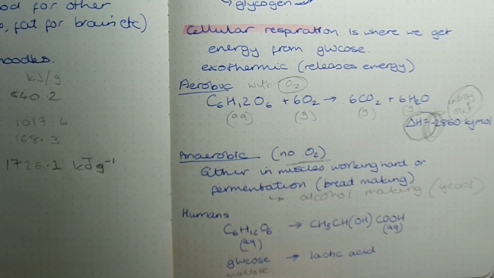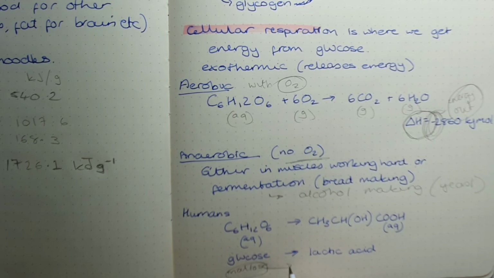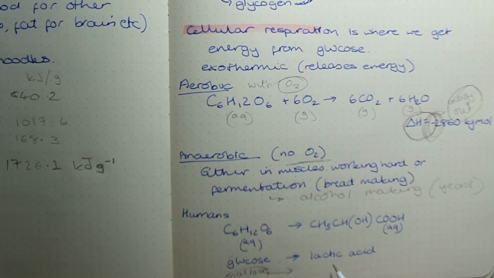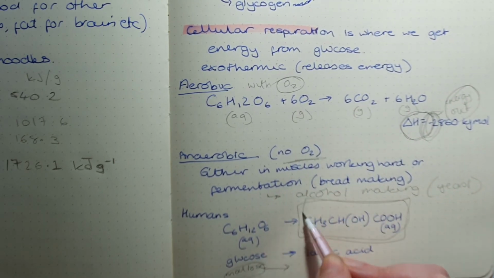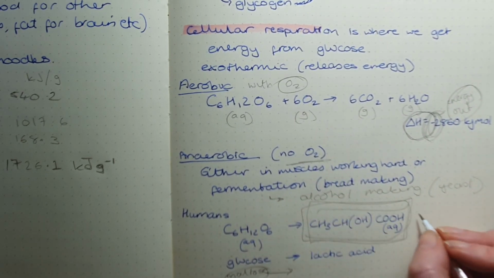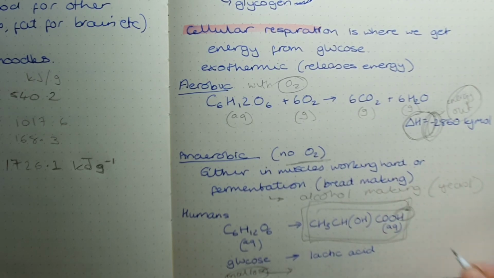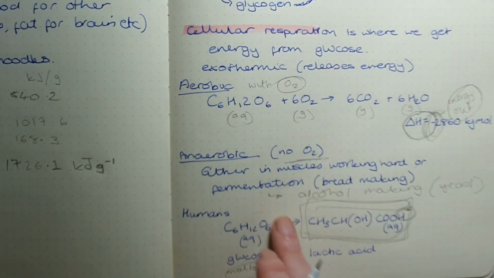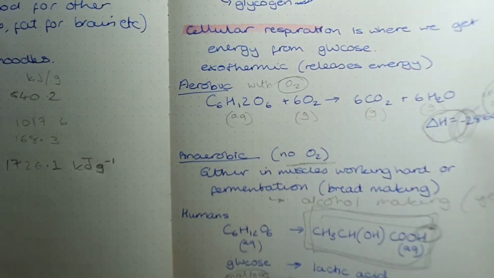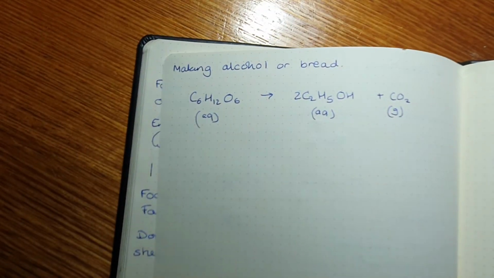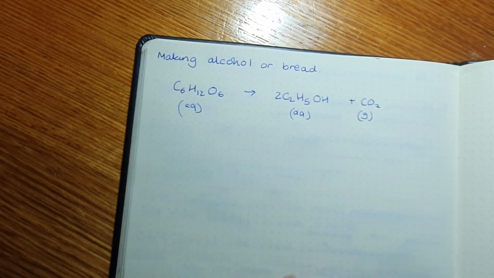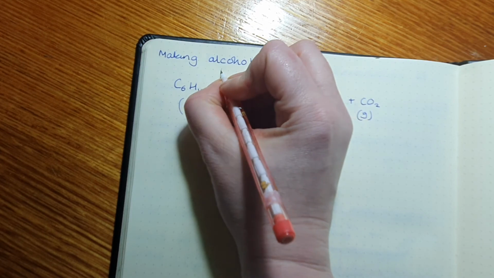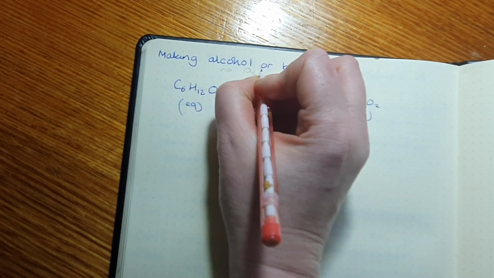And, I mean, this wouldn't be happening in you. And then we're breaking it down to lactic acid, which has this formula here. And because of this end, we have an acidic end, and that's what gives you that stitch when you're working out too hard. Then when we're making alcohol or bread, again we've got our sugar, but we've got no O2, no oxygen.